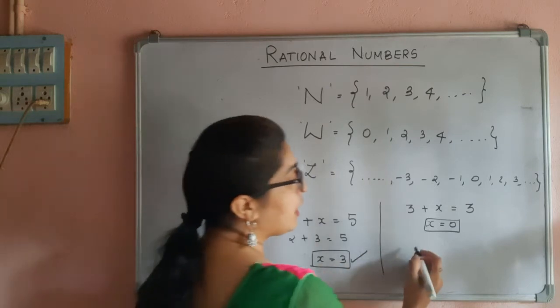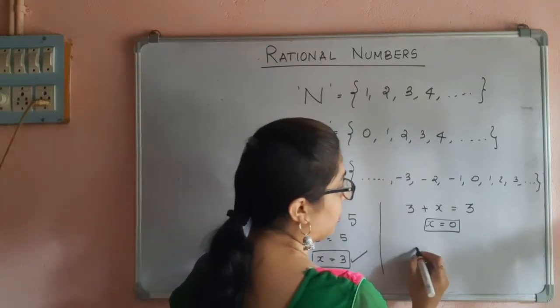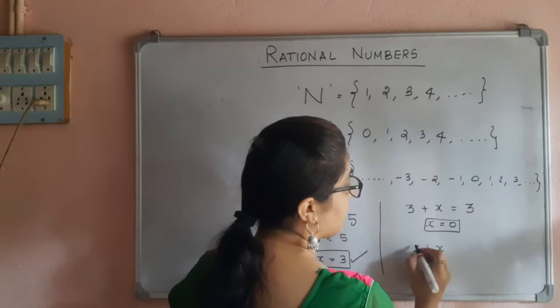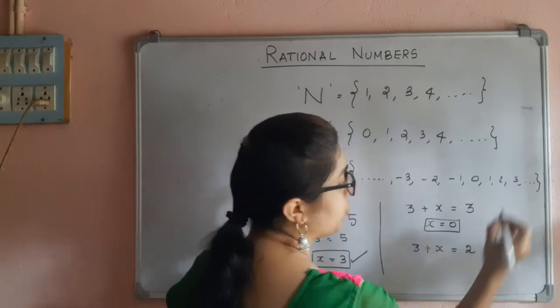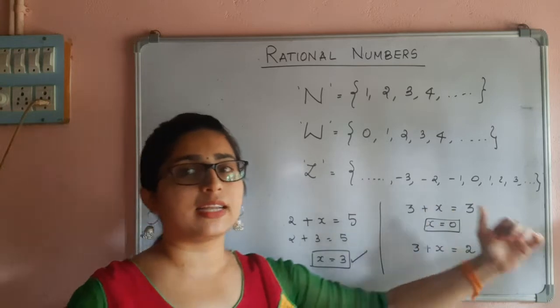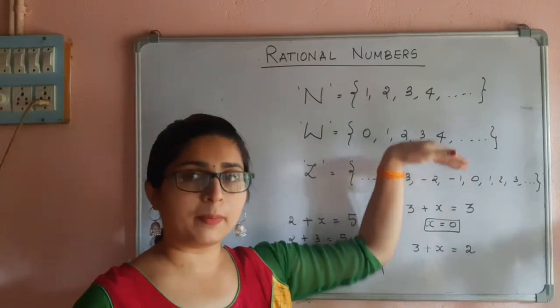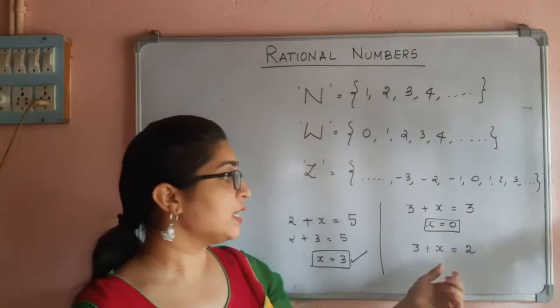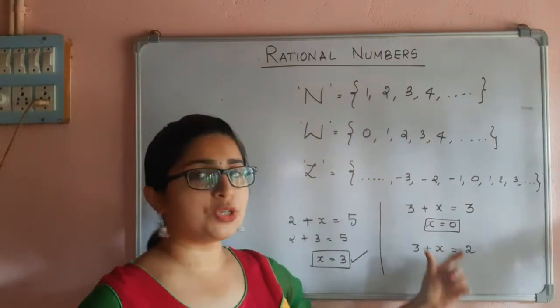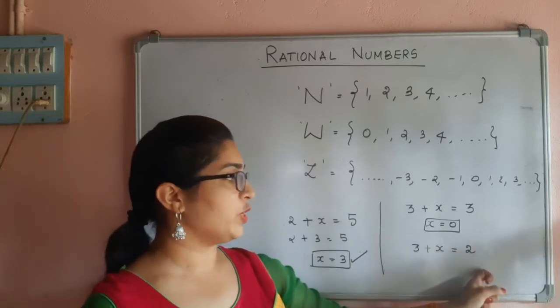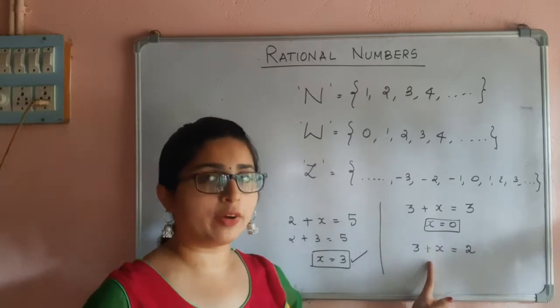But now if I consider an equation like 3 plus x is equal to 2, and I consider only the set of whole numbers or natural numbers, will the solution satisfy the equation? To satisfy this equation, we have to subtract 1 from 3.